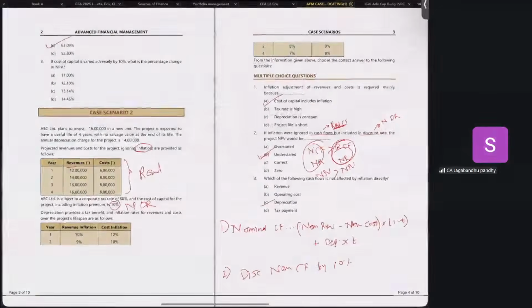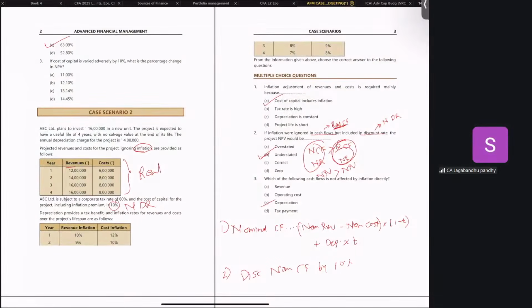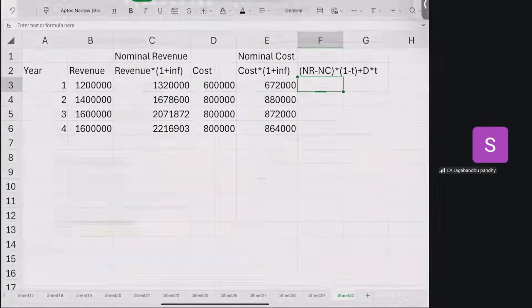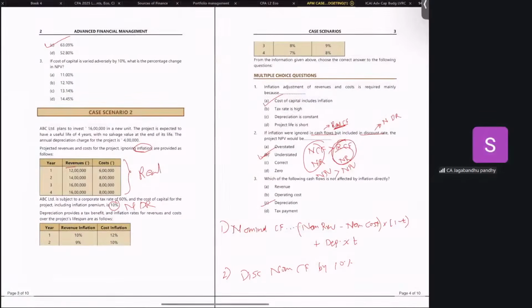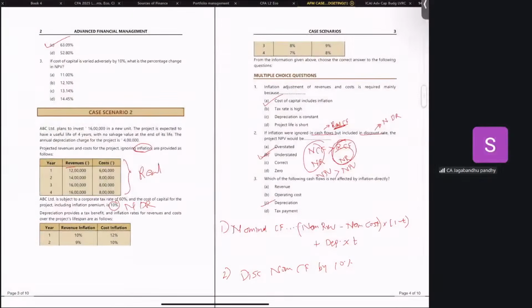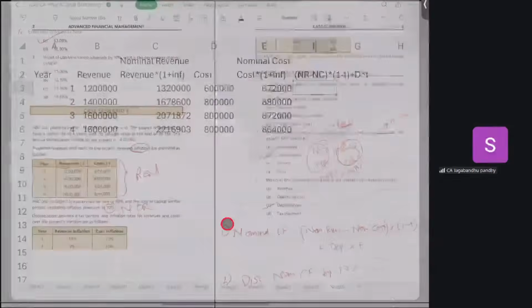So depreciation amount. What is the amount of depreciation, guys? The amount of 1 lakh depreciation. 60. Huh? 4 lakhs, sir. 4 lakh, right? Annual depreciation is 4 lakh, yes.